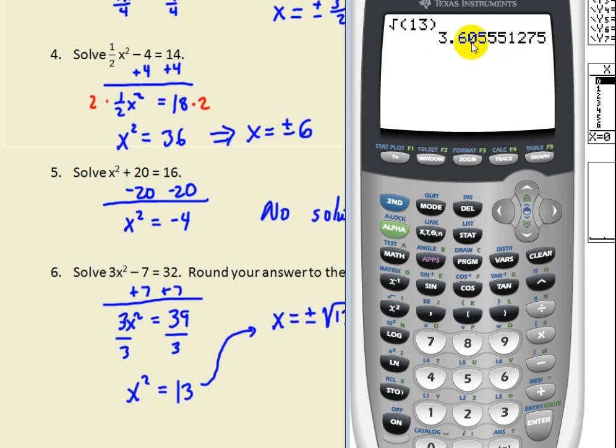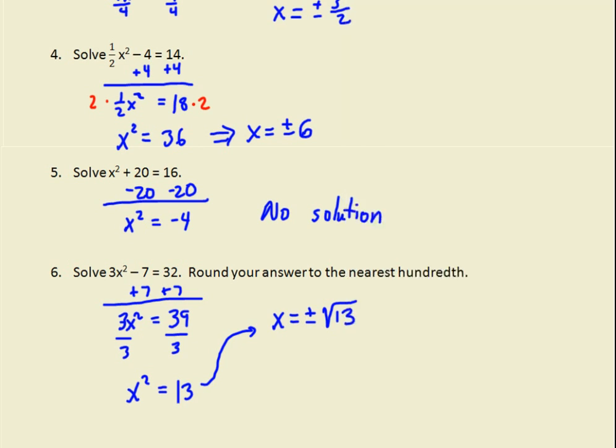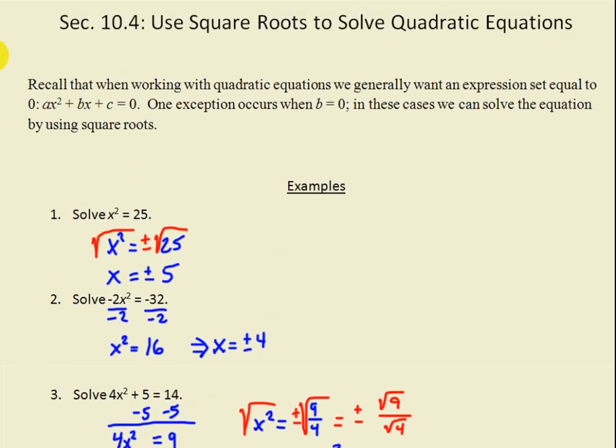We look to the right and we have 5 or higher, so that rounds up to 3.61. So we have x equal to plus or minus 3.61. So there you go with solving quadratic equations by using square roots. Good luck.